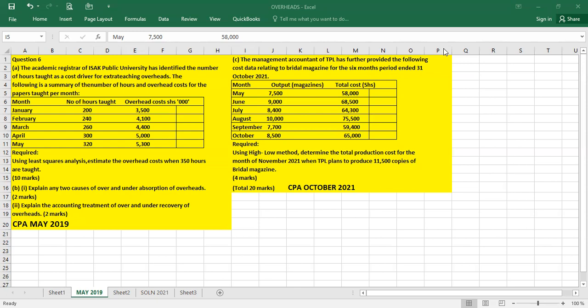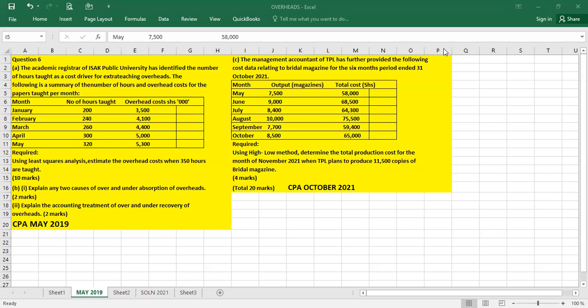It says the academic registrar of the Public University has identified the number of hours taught as a cost driver for extra teaching overheads. The following is a summary of the number of hours and overhead costs for the paper taught.